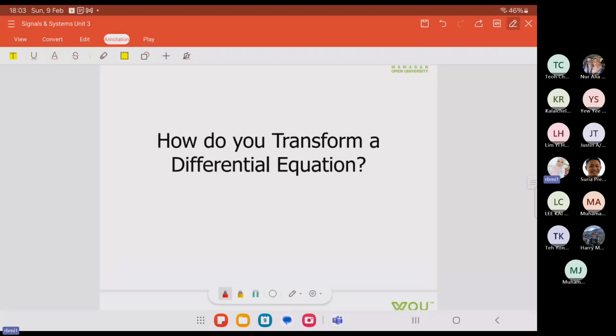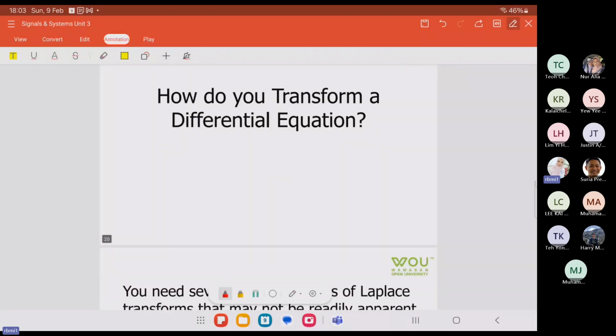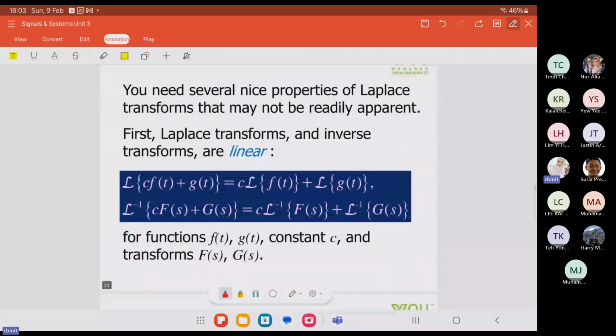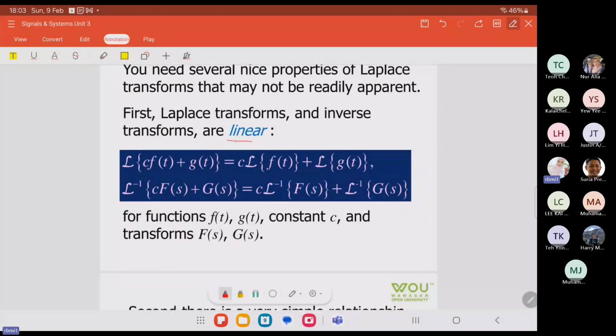How can we transform a differential equation by using the properties of the Laplace transform? We need to have the properties of the Laplace transform, like I have informed earlier. First, the Laplace transform and inverse transform are considered linear.